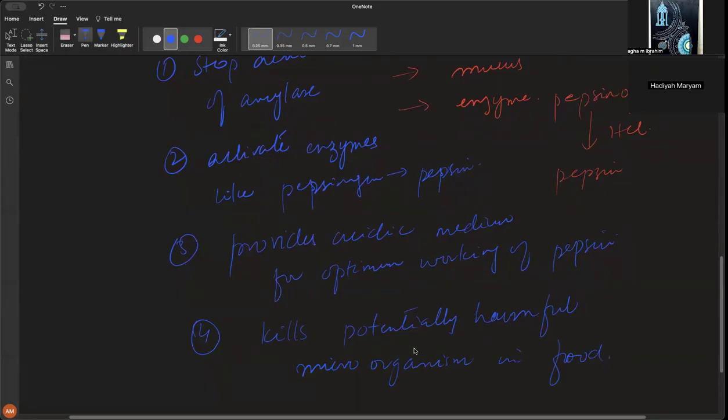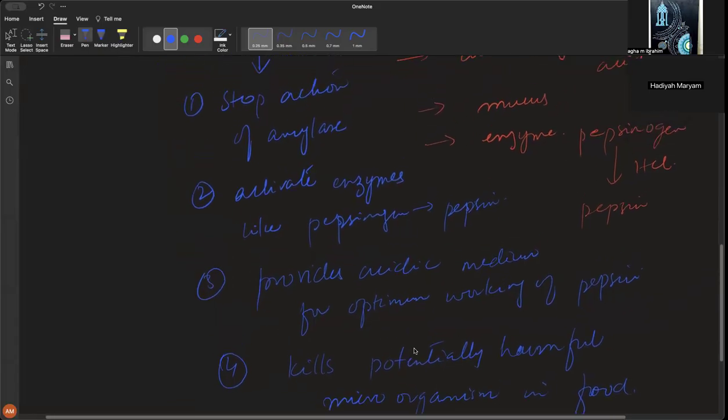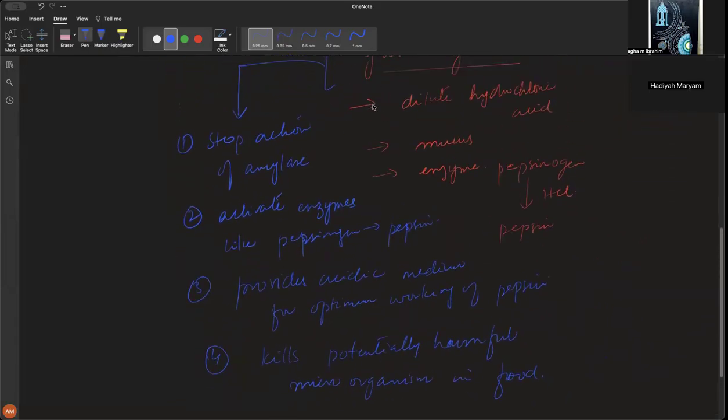All right. This is what gastric juices actually do.